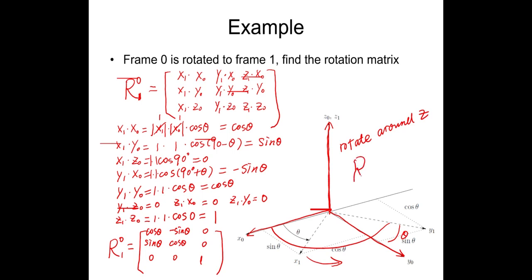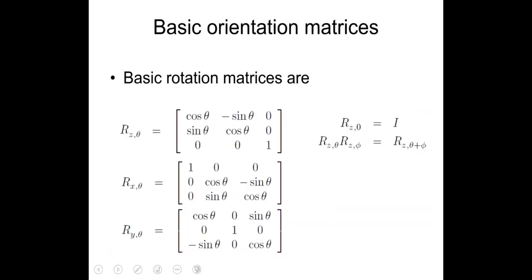By definition, if we do a rotation around z-axis with the angle of theta, because in this case we just rotate theta, we write it as Rz theta. This particular matrix means the rotation around z-axis with the angle theta. We need to remember all these basic rotation matrices.